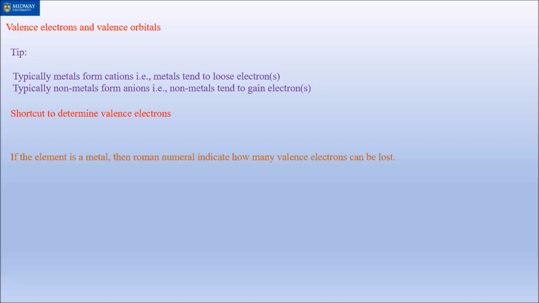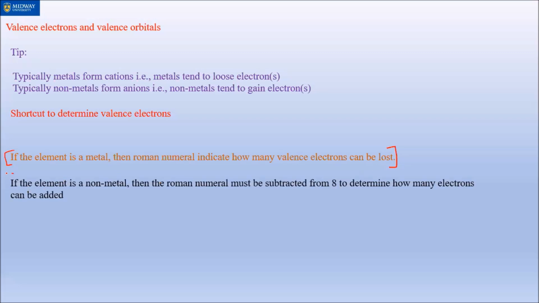Well, if the element is a metal, then the Roman numeral on top of that element's column indicates how many valence electrons can be lost. It will make even more sense when I do a practice example on the next screen. If the element is a non-metal, then the Roman numeral on top of that column must be subtracted from 8 to determine how many electrons can be added.